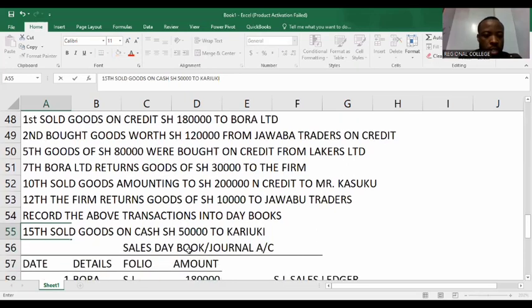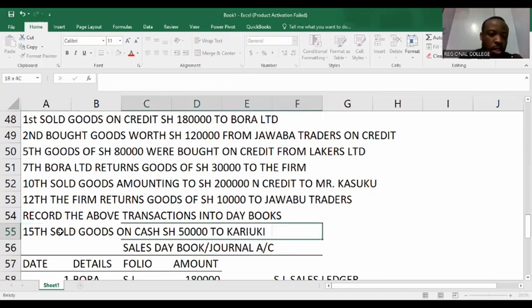So yes, he's making the sales, but these sales are not on credit, they are on cash basis. So that means the transaction will be recorded to the customer who is buying the goods, that is the karaoke, and the cash account. So if a question says that maybe you are given all these choices and we've been told which one of the following cannot be recorded into the day books, the final is this one, because it is not on credit.